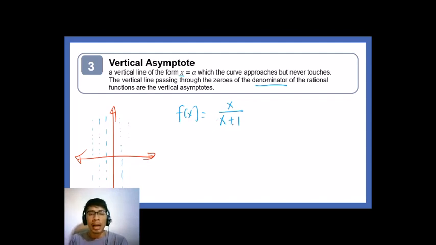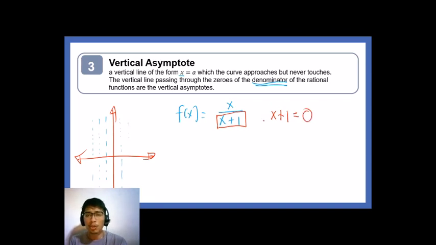Now, how am I going to identify the vertical asymptote of my rational function? By definition, you observe the denominator. What is the denominator of my rational function? The denominator is x plus 1. So you have to write it down here: x plus 1 is equal to 0.